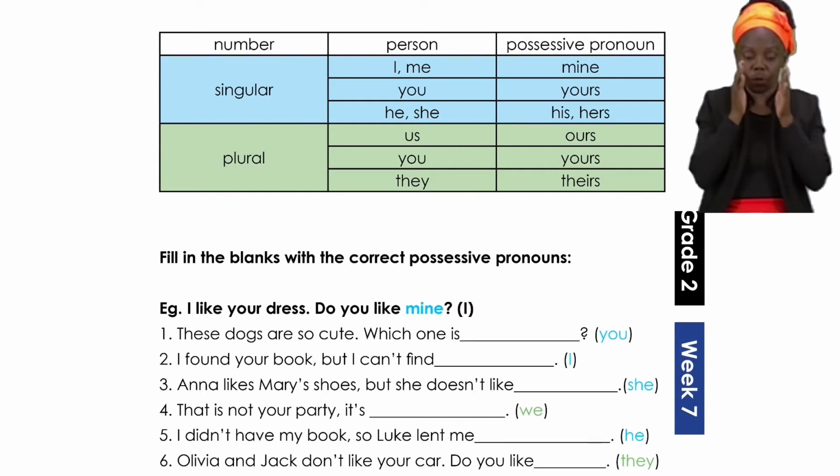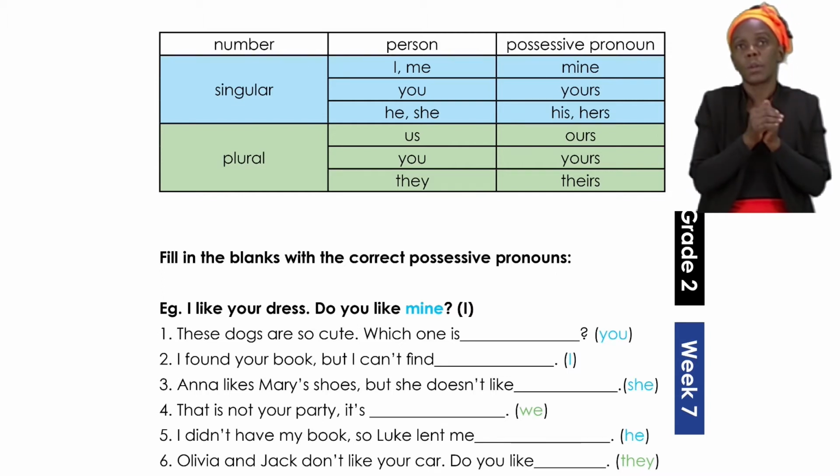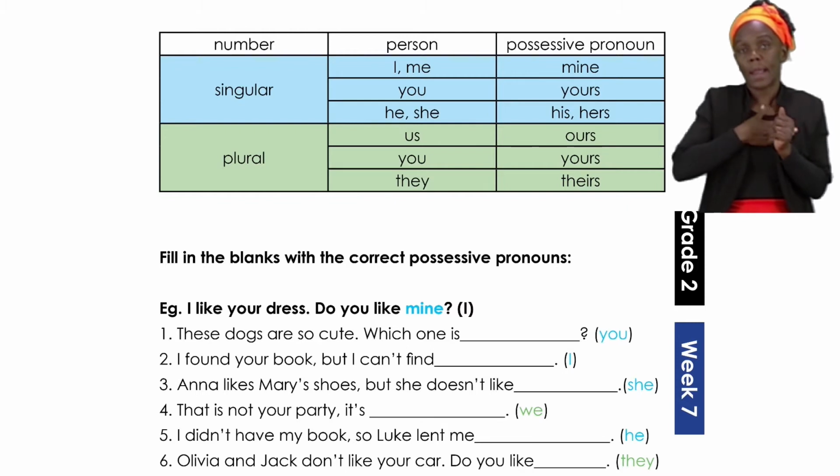I like your dress. Do you like mine? So we know that we are dealing with the singular of the possessive pronoun, which is mine. Let's now move to the next one. Number 1 says, let's read together, grade 2s.